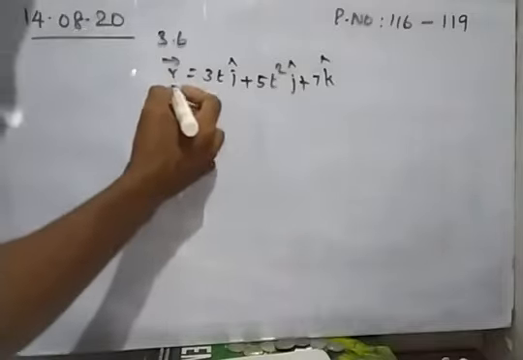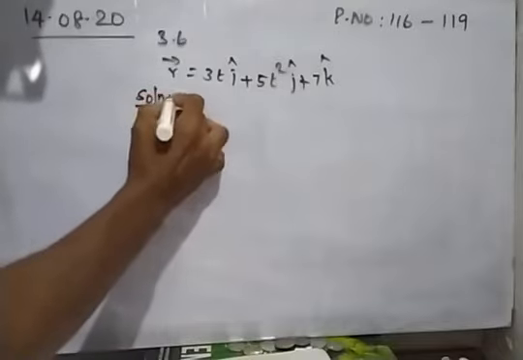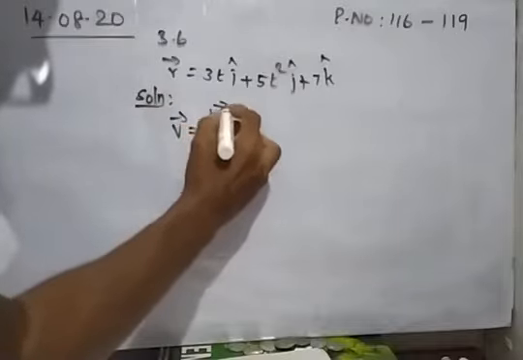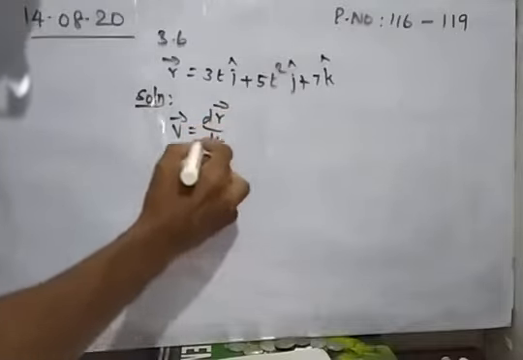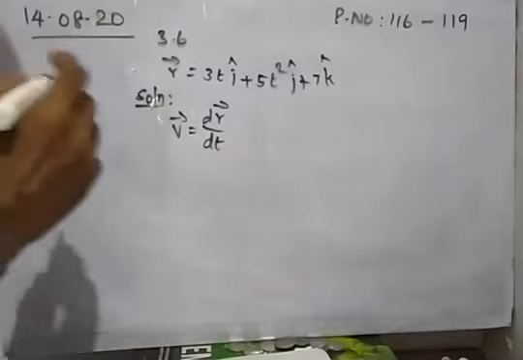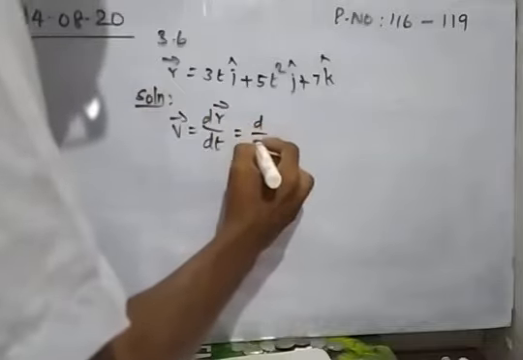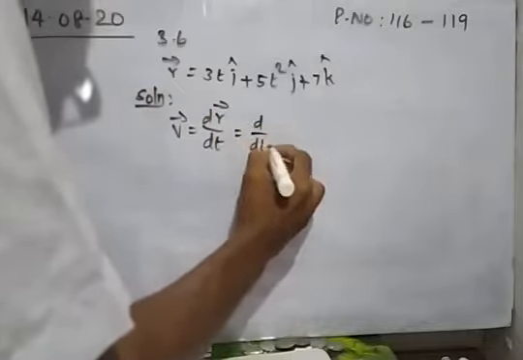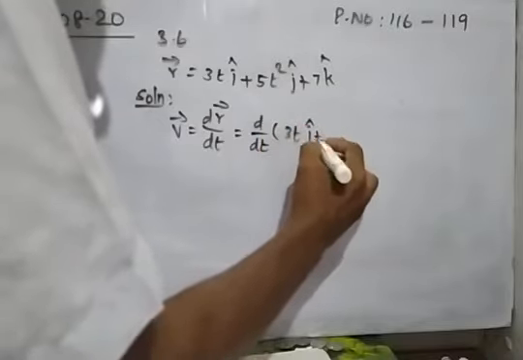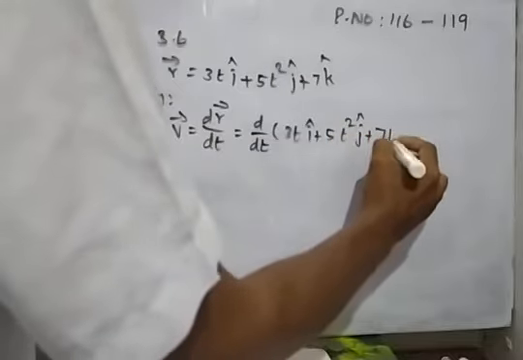The solution is simple. The velocity vector is nothing but the rate of change of the displacement vector, which is equal to d by dt of r, that is 3t i cap plus 5t square j cap plus 7k.